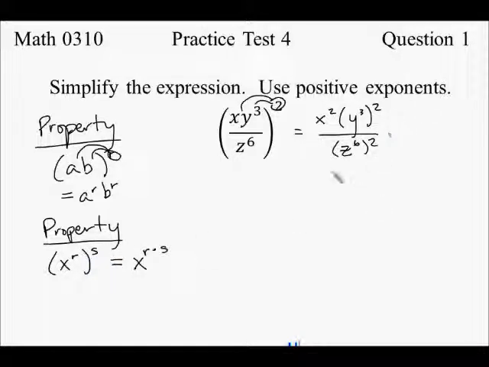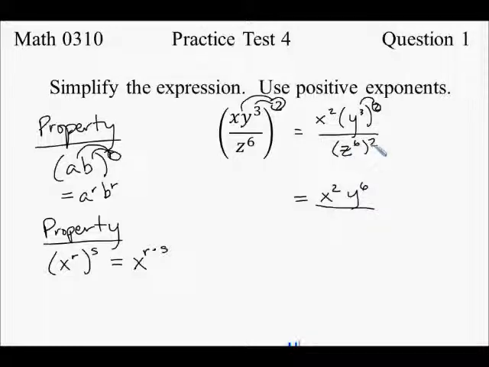So here we can see we have just x squared, but now we have y cubed squared, so this is an exponent of an exponent, so this square is going to multiply times the 3rd power there, and we should get y to the 6th. And on the bottom we have an exponent of an exponent again, same property, so z to the 6th squared.